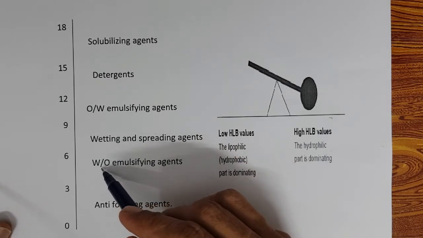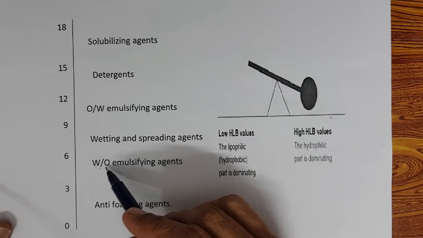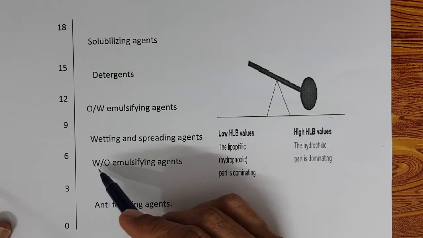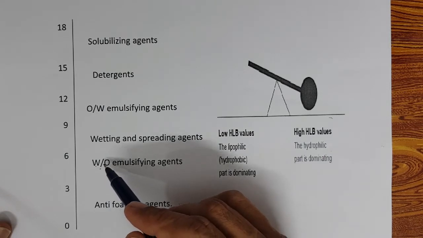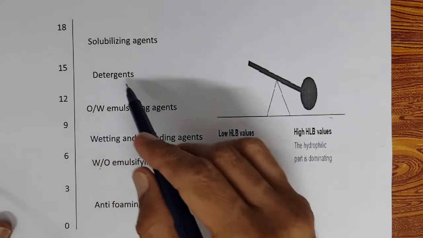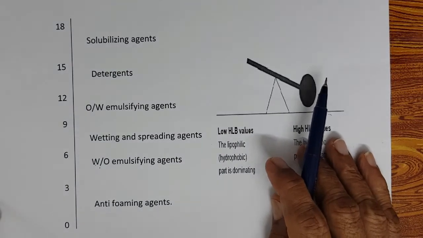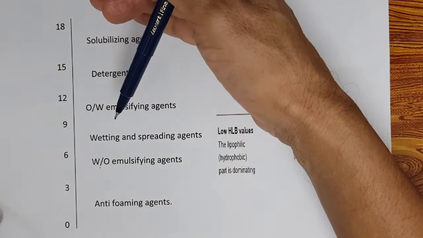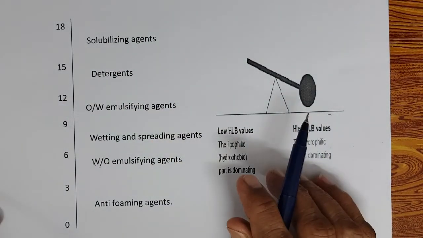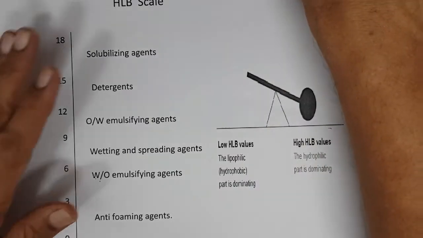These are water in oil emulsifying agents, that is water dispersed in oil. We saw that low HLB emulsifiers favor water in oil emulsions, then wetting agents, then from 9 oil in water emulsions and solubilizing agents at higher HLB, right? As the HLB increases, it is more water soluble. As the HLB decreases, it's more oil soluble. This is the HLB scale.